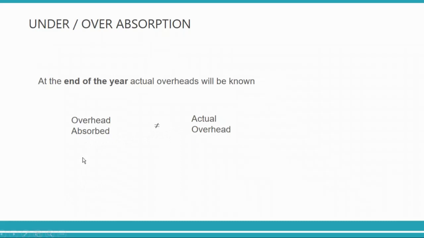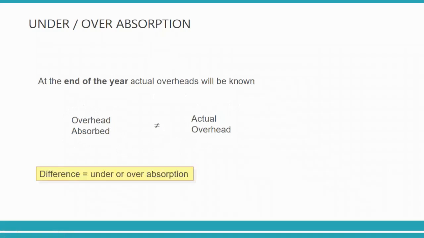So I recovered 4,500, but I spent maybe 5,000, maybe 5,200, maybe more, 5,500. Absorbed overheads are never equal to your actual overheads, because absorbed overhead is just an estimate and actual overhead is a reality. Based on the estimate you collected something from your client, but then you spent something based on your actual expenditures. So you compare these two and they will never be equal.